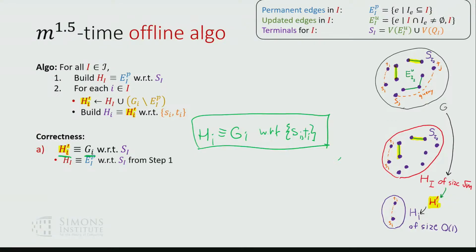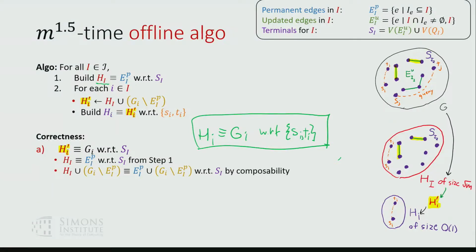So why is that? Well, because first of all, we have that the graph big H_I is equivalent to the permanent one. But by composability, if you add some set of edges to both sides of this thing, this and this, they must still be equivalent.